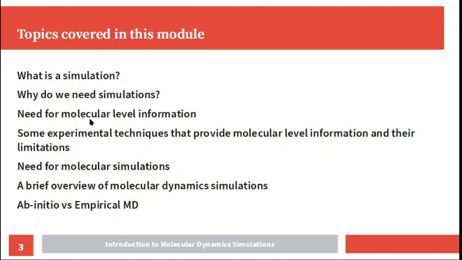We also need to talk about what is the need for molecular level information, and then we can talk about some experimental techniques that can provide this molecular level information and their limitations. After this, we'll then be able to talk about the need for molecular simulations, and after this discussion, we can then go and take a brief overview of molecular dynamics simulations.